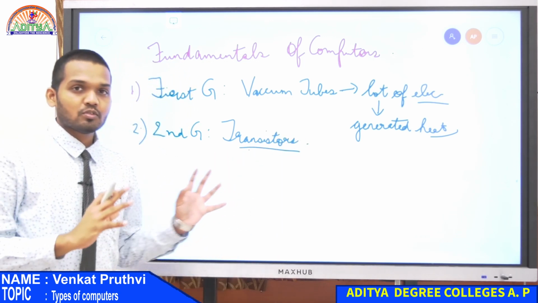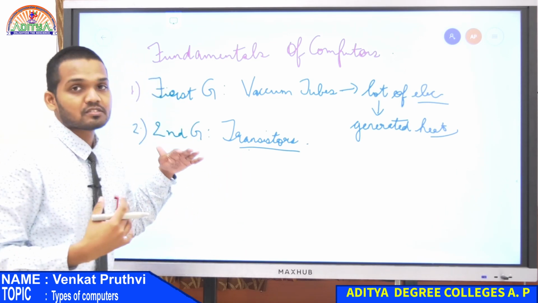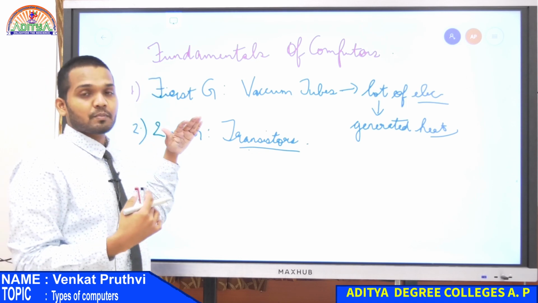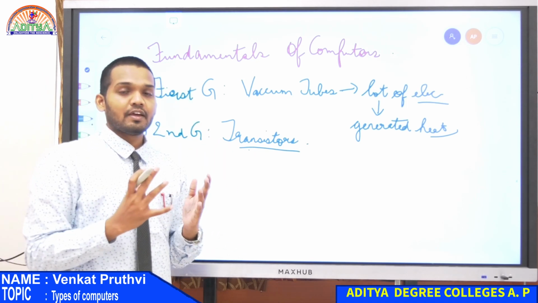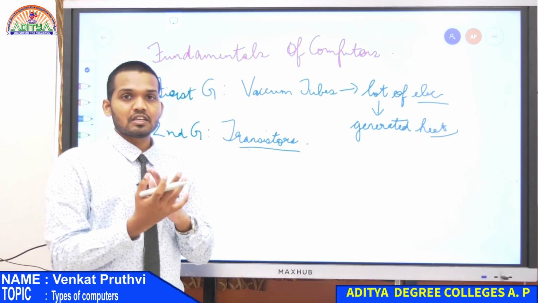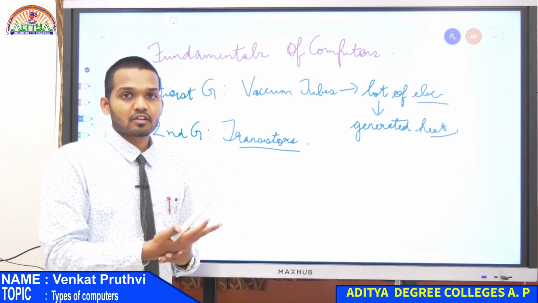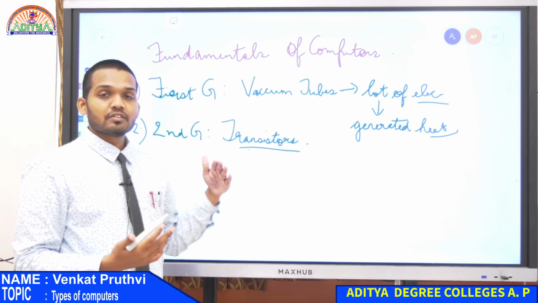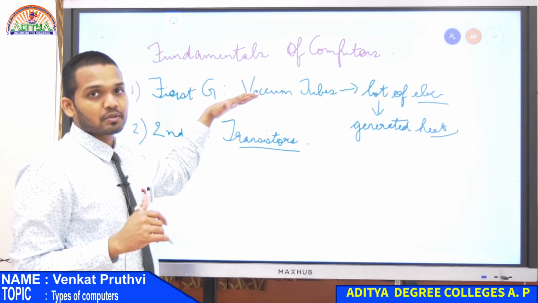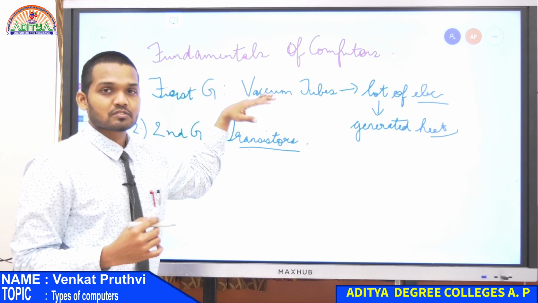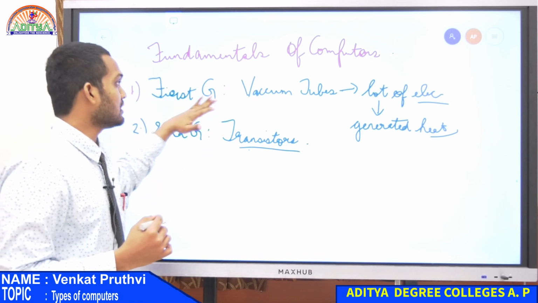I am just giving you the major differences in technology between the generations, because we classify generations in such a way that wherever we have a drastic change or so much evolution in the technology, we classify them into different generations. So firstly we had vacuum tubes, which were used for nearly 30-40 years.